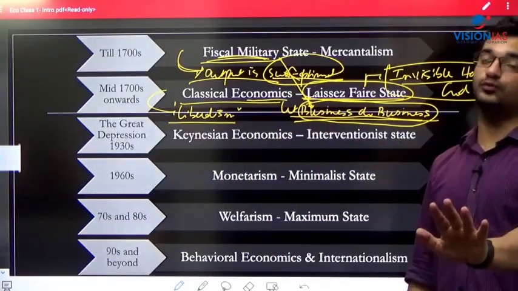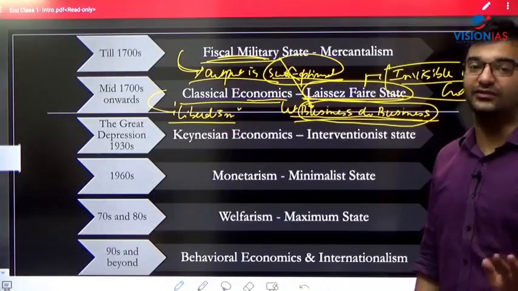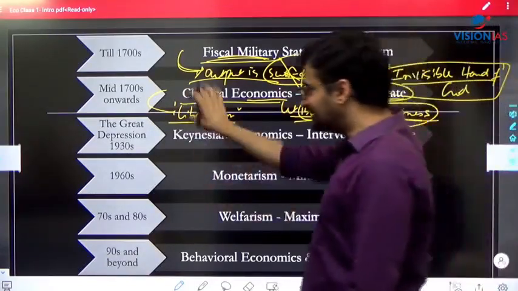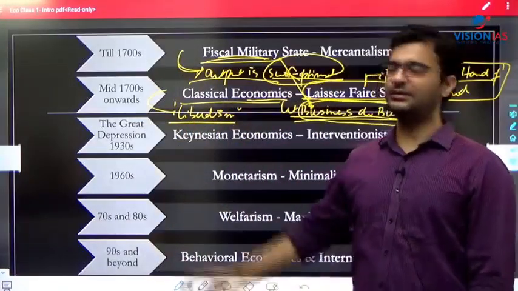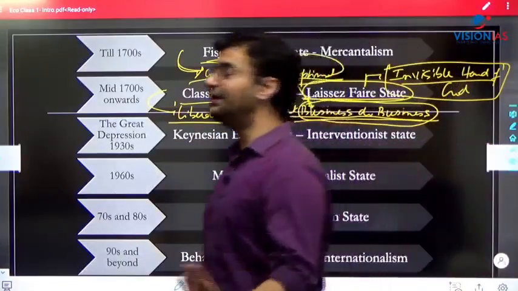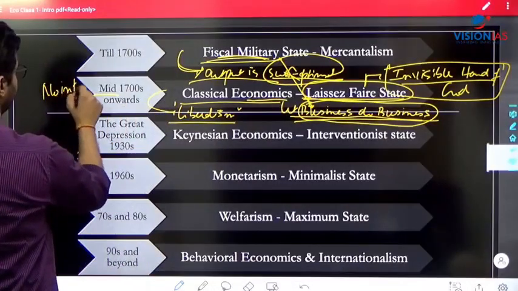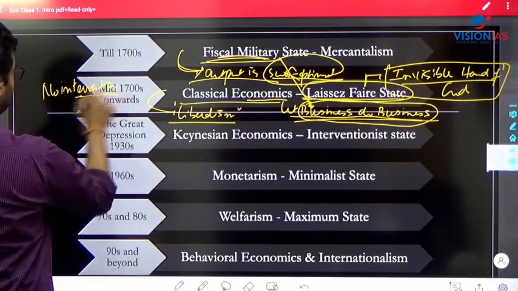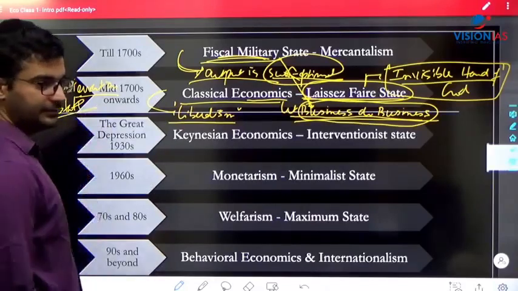Let business do business. Everybody should be free to choose how they want to utilize their resources. So this is the first phase of the development of economics. Classical economics. Everybody is free to do. No intervention by the state. Fine.